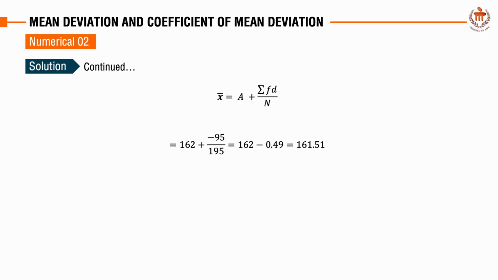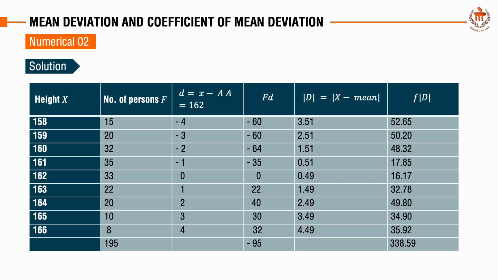When we applied the formula, the assumed value was 162, and summation of FD was -95. N is basically the total sum of frequency, which here is 195. So when I applied the formula, the mean value I'm getting is 161.51.